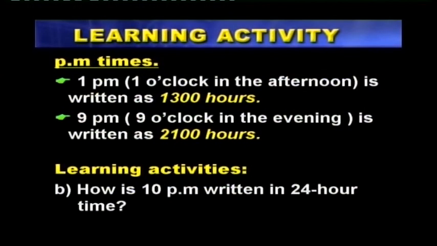Is it correct? Yes. 2200, let's cross-check to see. Okay. 10 o'clock in the night or in the evening, written in 24-hour time is 2200 hours.